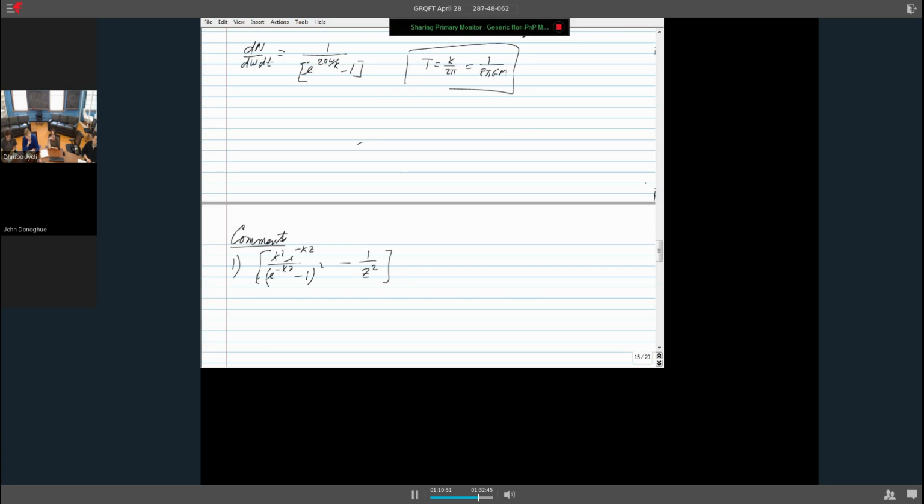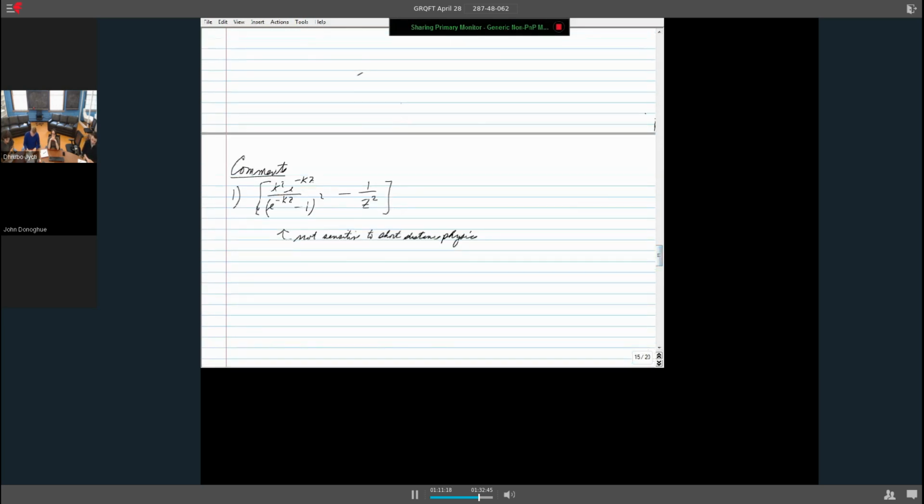And so the final thing that I've just derived here is dN d omega dt is 1 over e to the 2 pi omega over kappa minus 1. Here's the Planck spectrum with the temperature equals kappa over 2 pi, which is 1 over 8 pi GM.